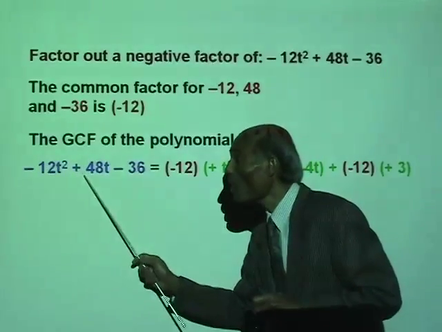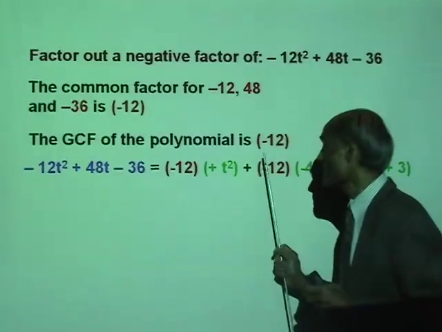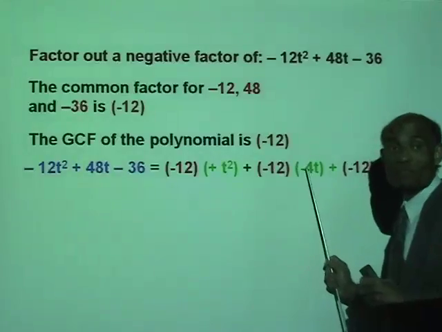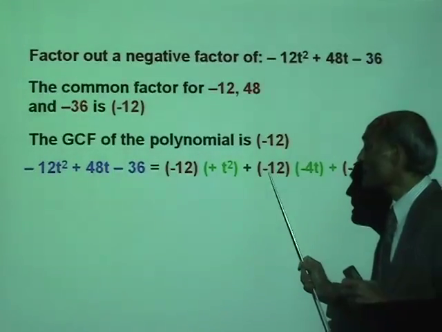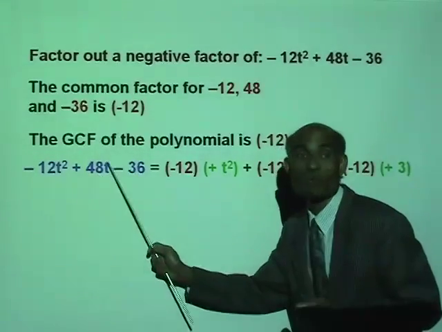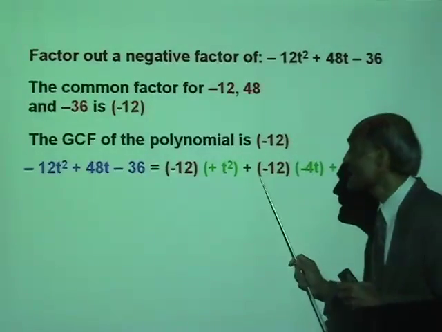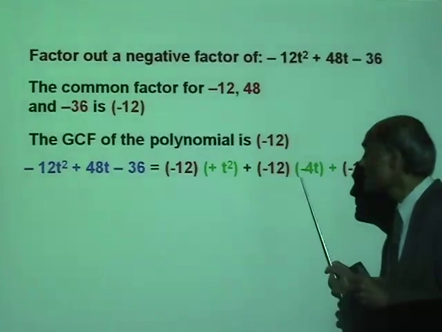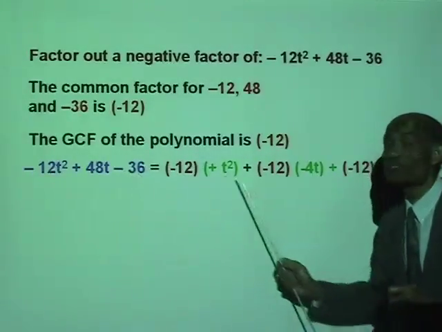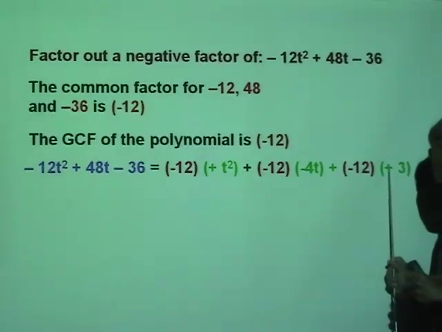How do you write positive 48t? Look at the way I write it. 48t is negative 12 times negative 4t. A negative number multiplied by a negative number is a positive number. So positive 48t is written as negative 12 times negative 4t. Alright? And negative 36 is written as negative 12 times positive 3.